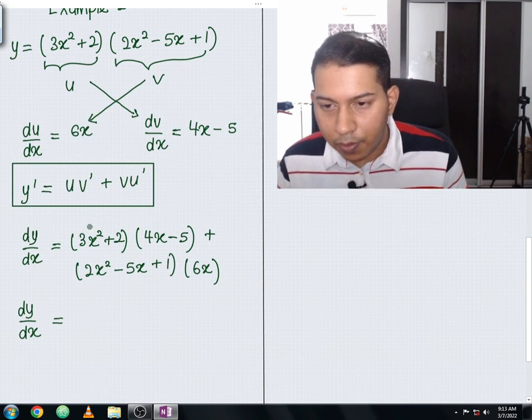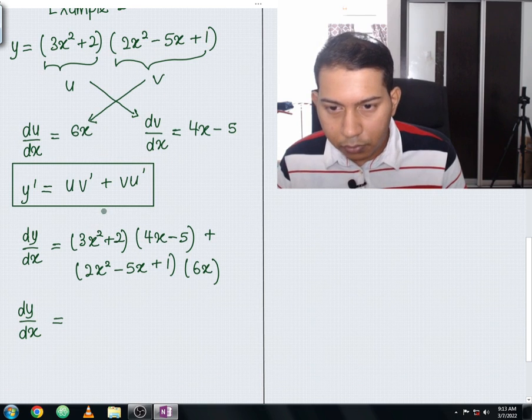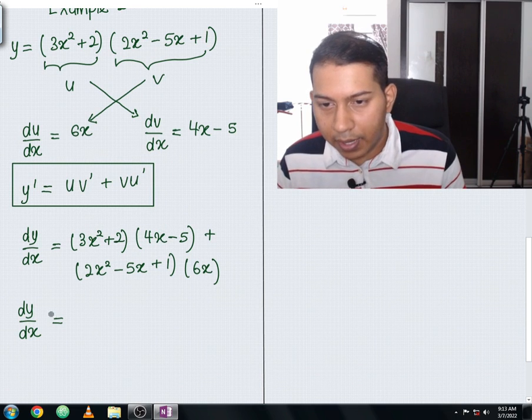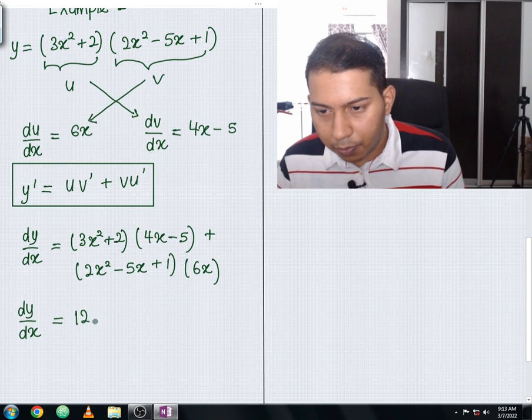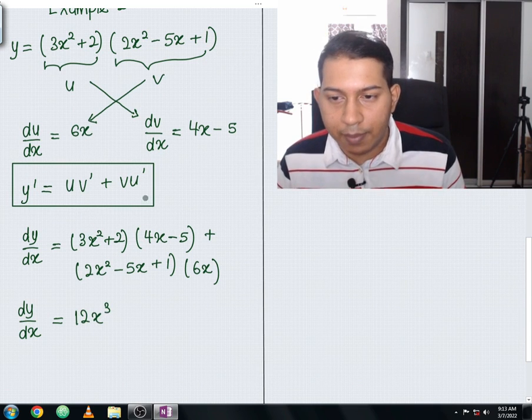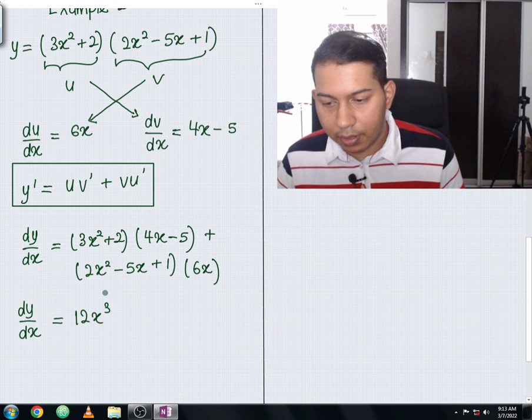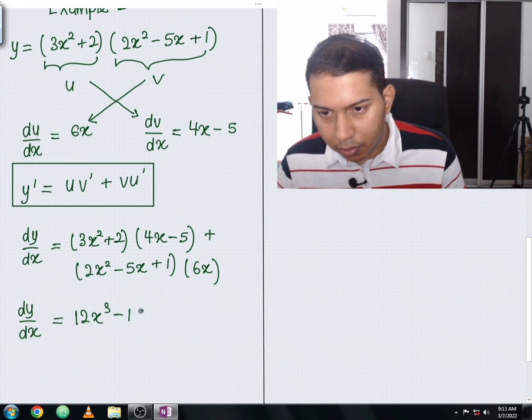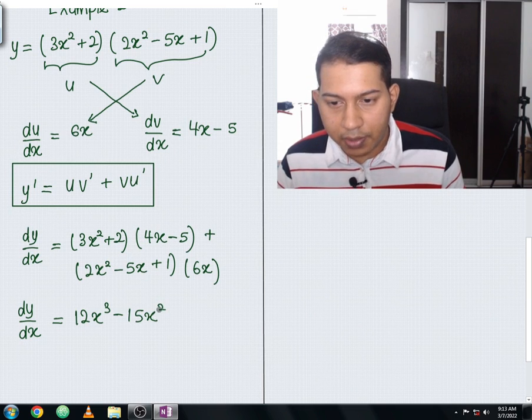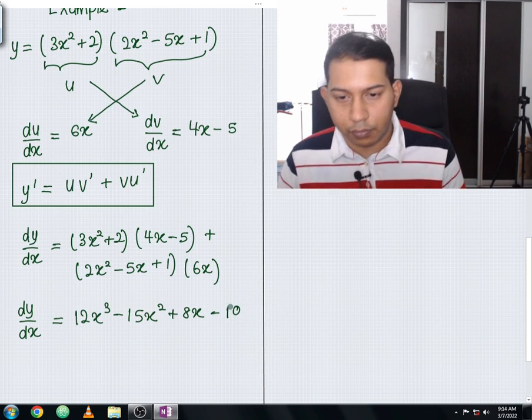From here 3x squared times 4x gives 12x cubed. 3x squared times negative 5 gives negative 15x squared. 2 times 4x gives 8x. 2 times negative 5 gives negative 10.